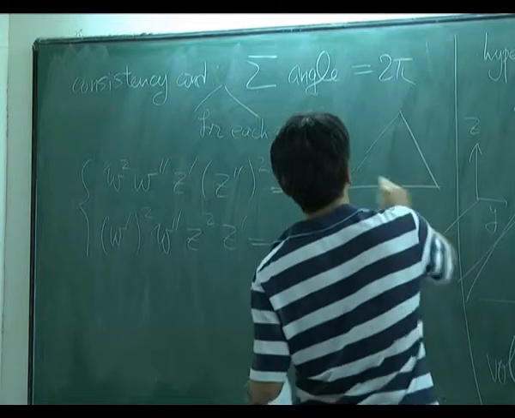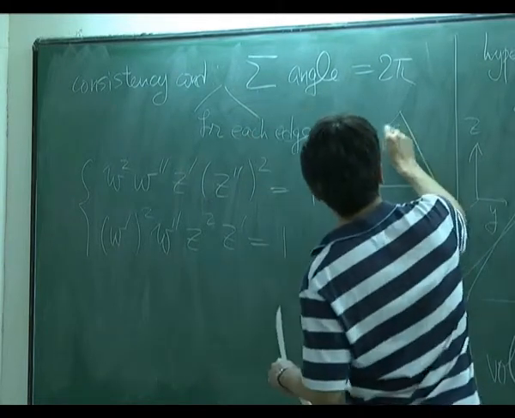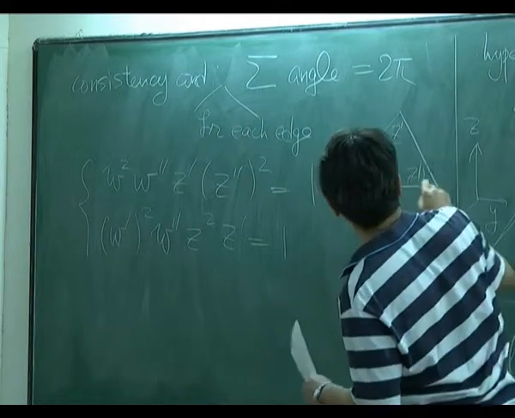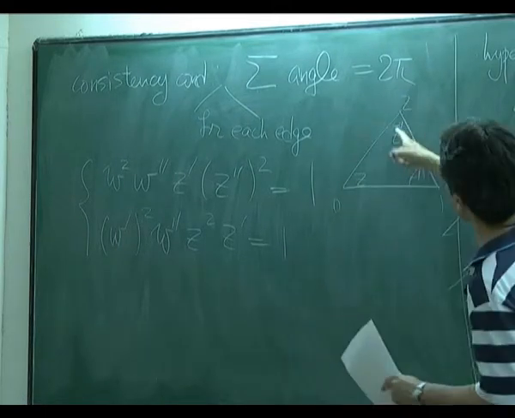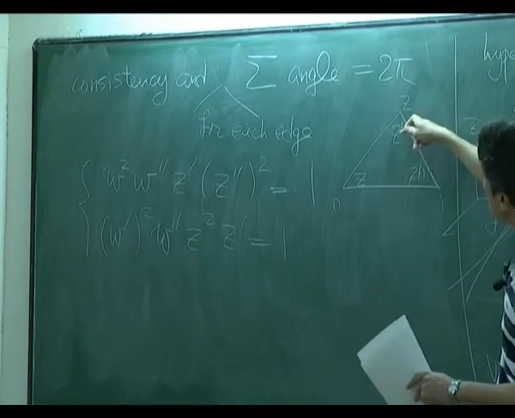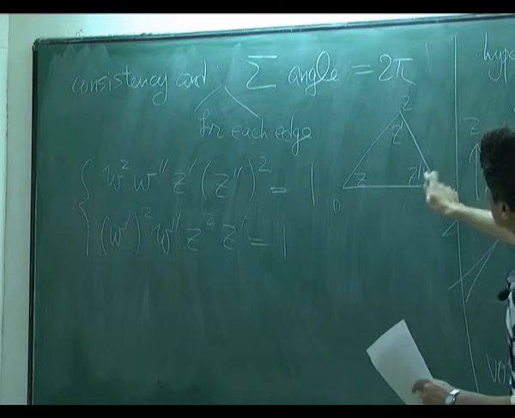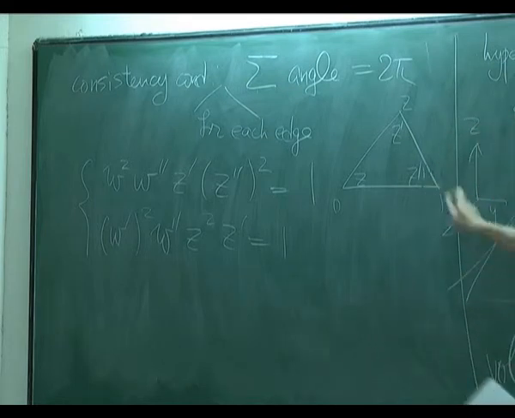I use the convention that this dihedral angle is denoted by Z prime, and W prime means the dihedral angles around this one.